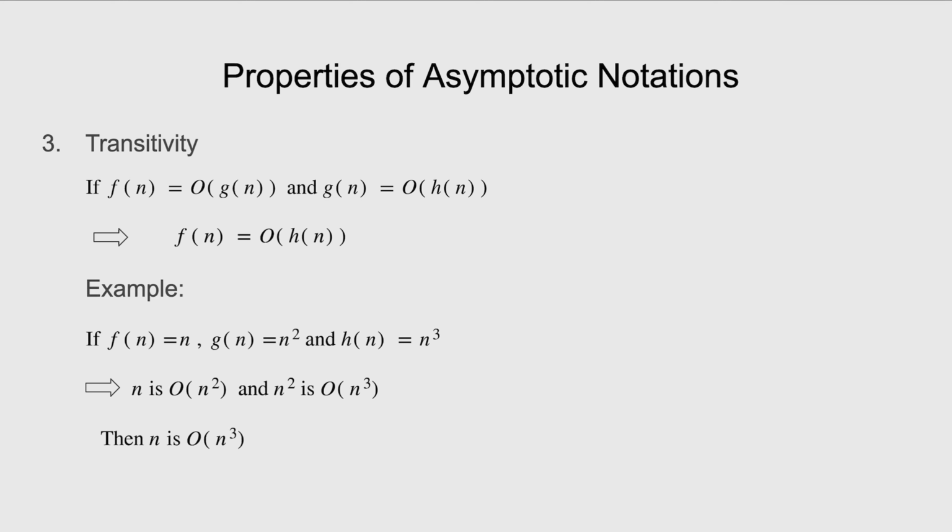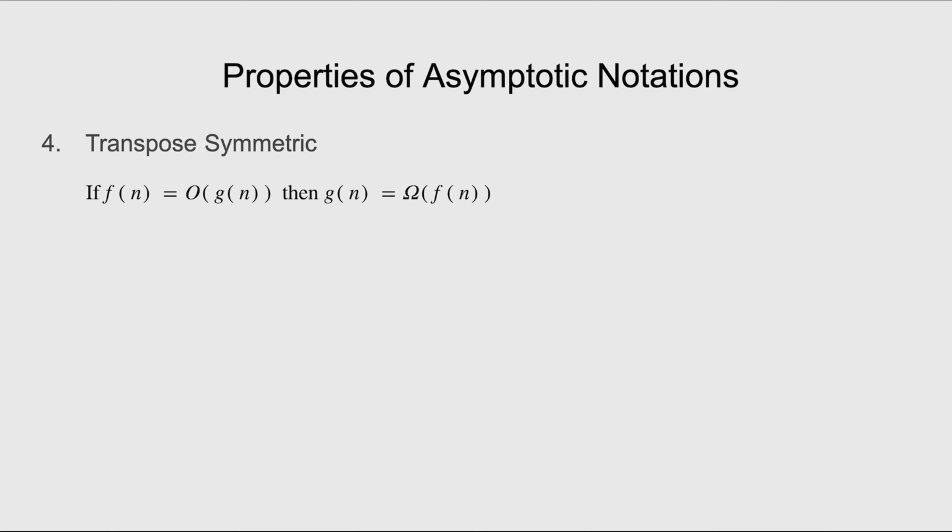You see that f(n) is n, and this is O of n squared, which is also g(n), and this in turn is O of n cubed. So n is O of n cubed. We see that g(n) is the upper bound of f(n), and h(n) is the upper bound of g(n). Then h(n) is the upper bound of f(n) as well.